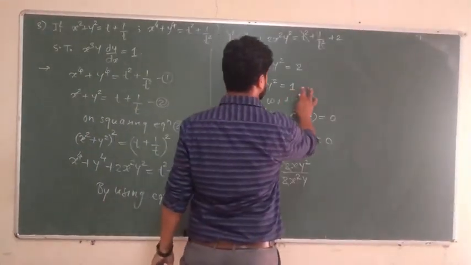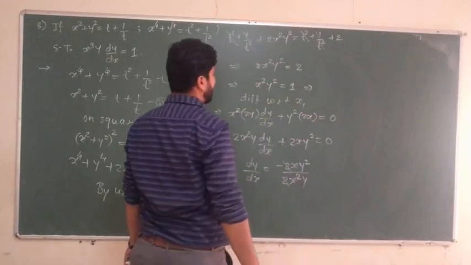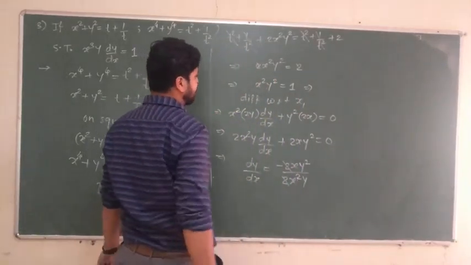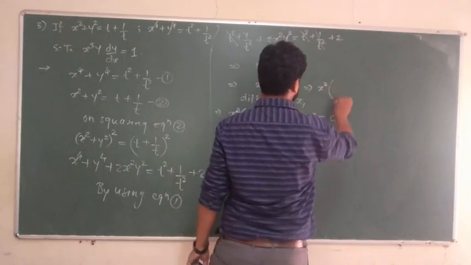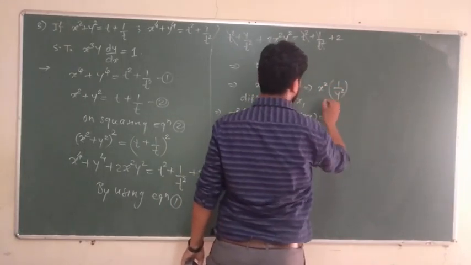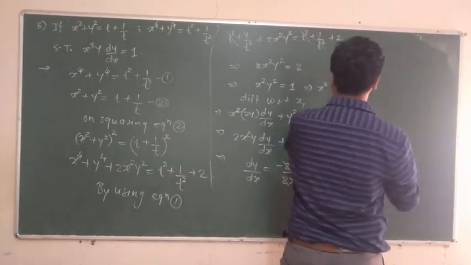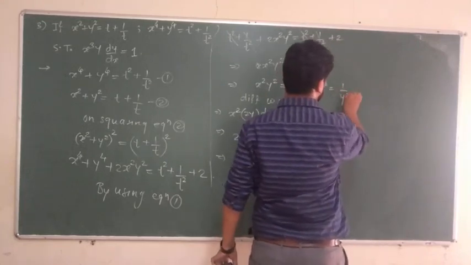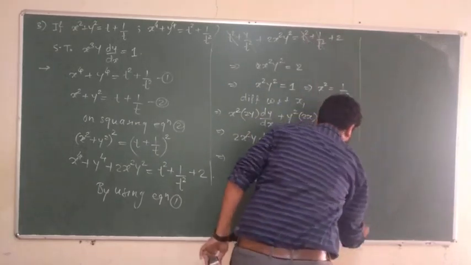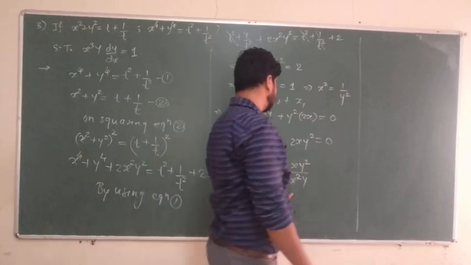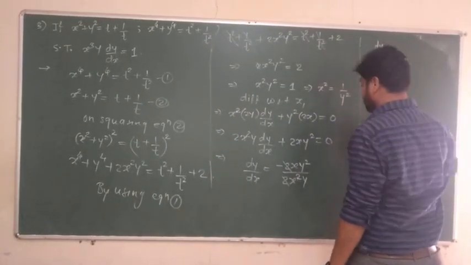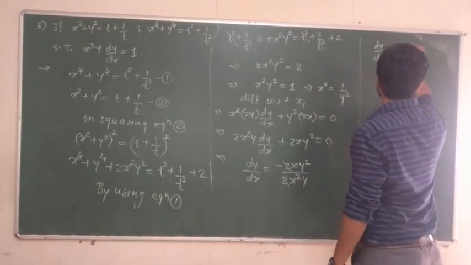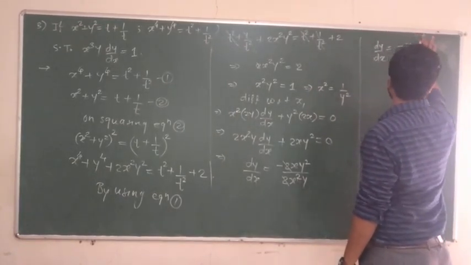So from this equation, the value of x square is what? It is 1 upon y square. And if I use this value here, then dy by dx is equal to minus x.